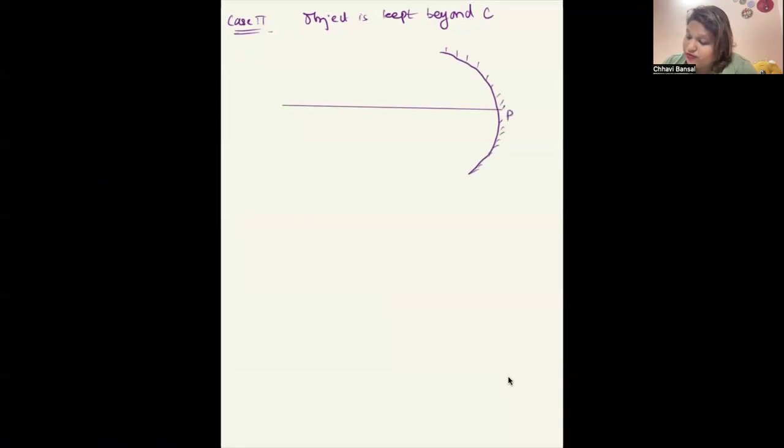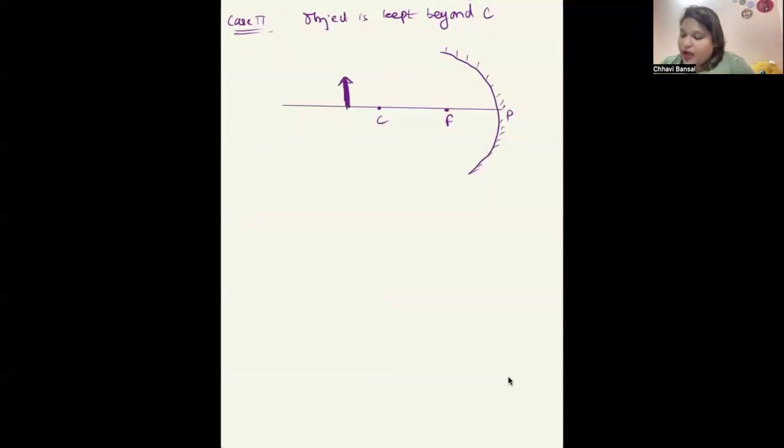Now this is pole, this is focus, this is C. Now the object is kept beyond C. Beyond C means the distance should be larger than the distance between center of curvature and pole. And this distance should be known. In the previous case, the distance was unknown and very, very huge. Here the distance is more than the center of curvature.